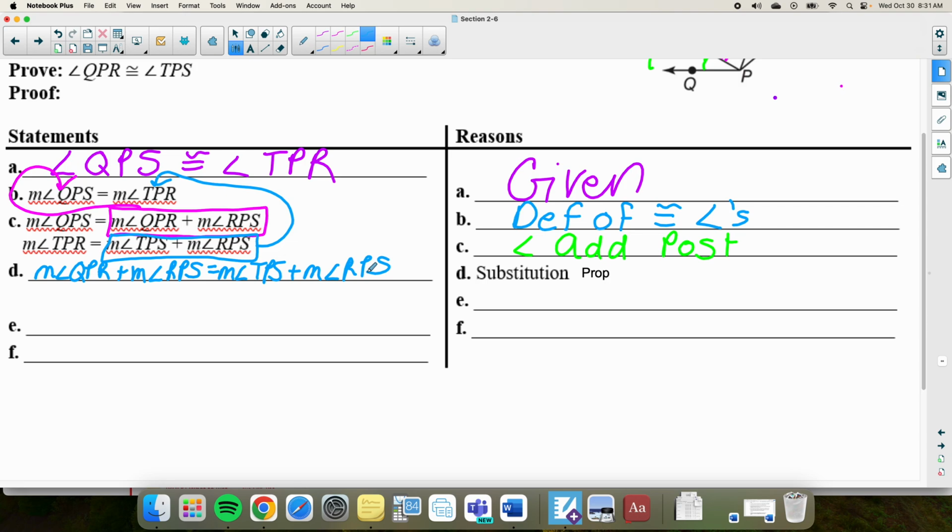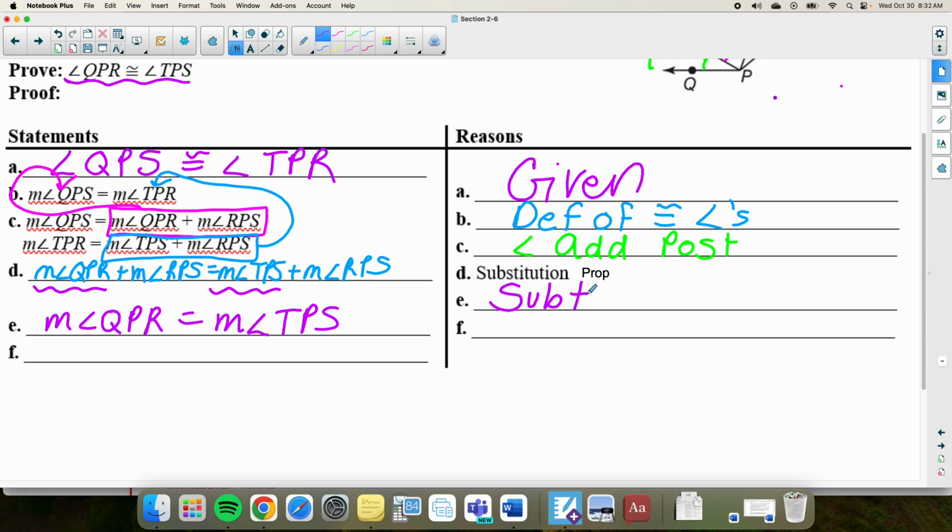Now, what I suggest you always do is go back to what you're trying to prove. If I look at this proof statement, eventually what I want is to get that angle QPR is congruent to angle TPS. Can I do something with these two because they're the same? I can subtract them, right? So what I can say then is the measure of angle QPR equals the measure of angle TPS, and that would be subtraction.